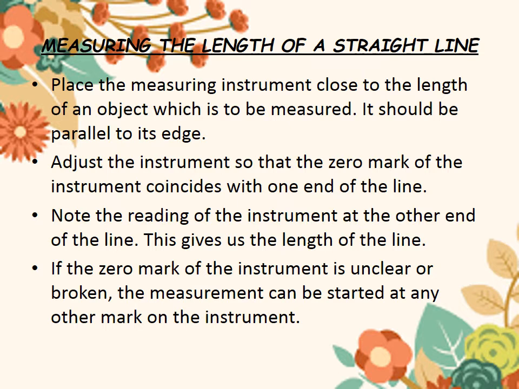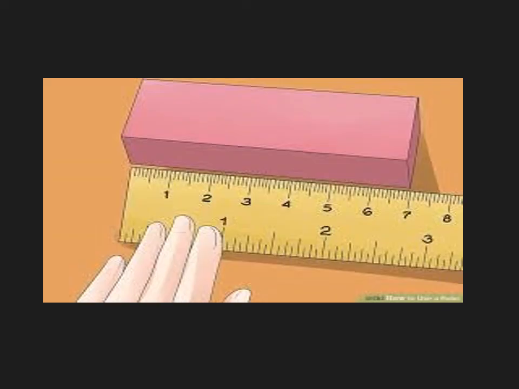If the zero mark of the instrument is unclear or broken, the measurement can be started at any other mark on the instrument. You must remember to subtract this reading from the reading at the other end to get an accurate measurement of length.